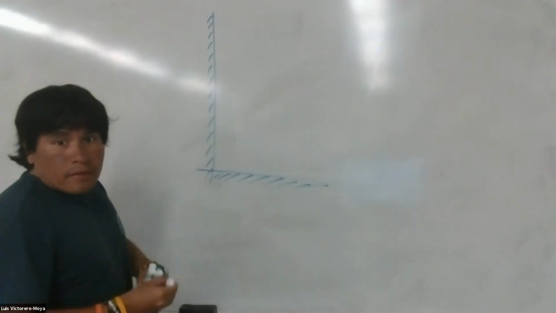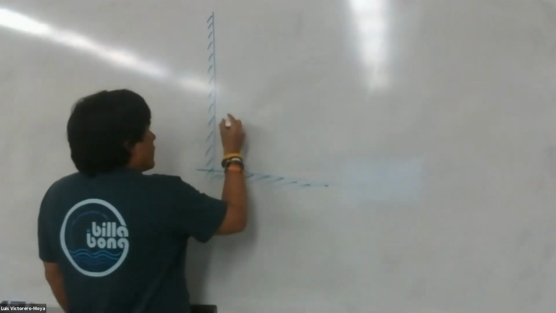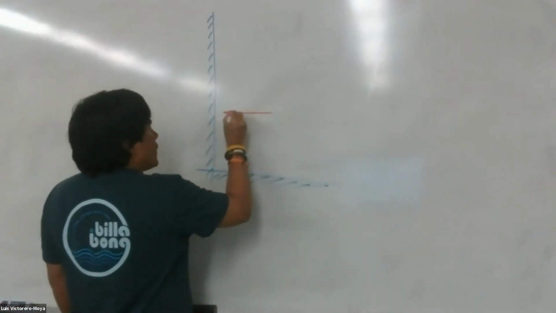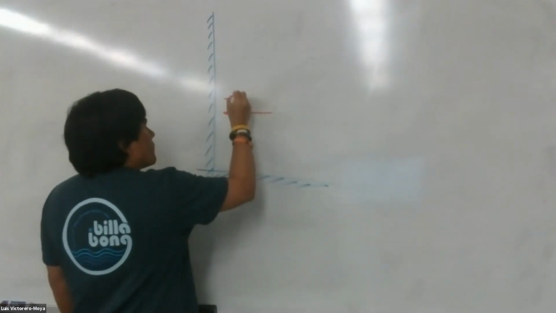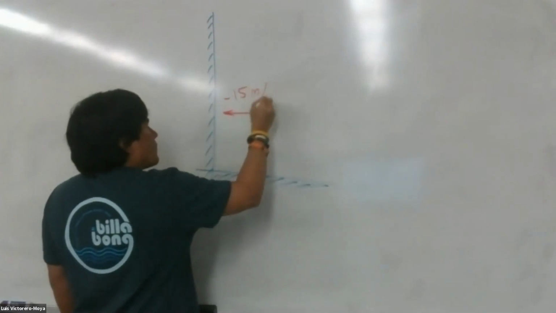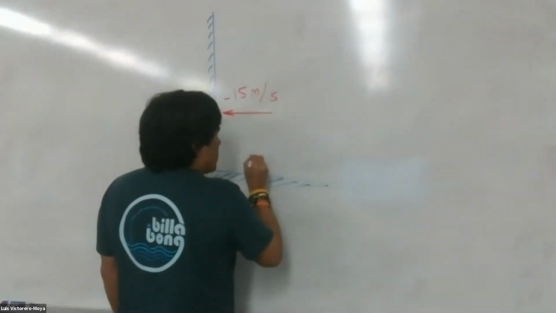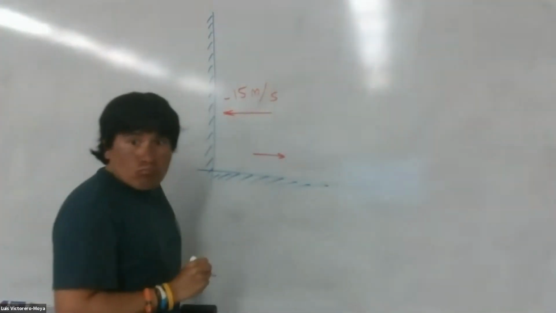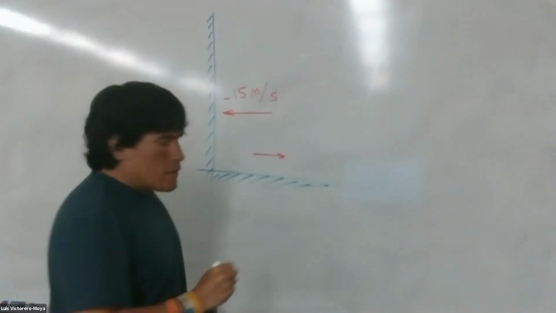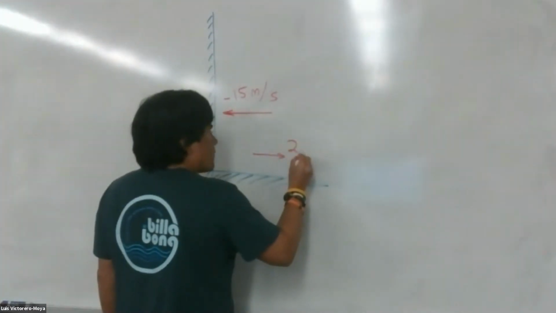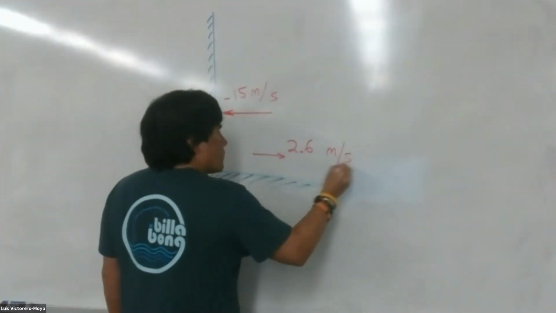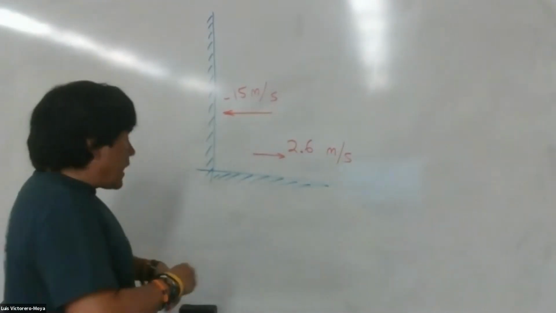You can write minus 15 going to the left, and right after, 2.6. And the mass of the car.